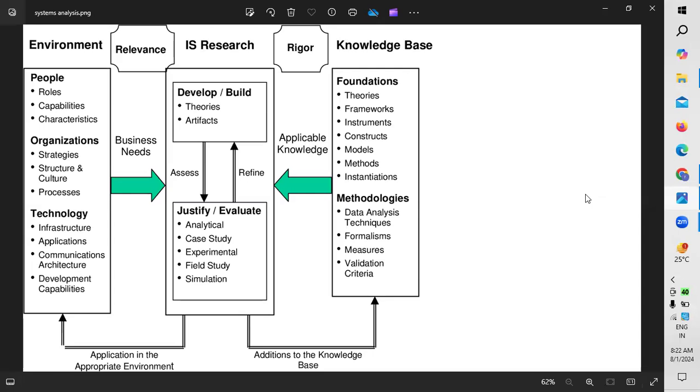So this is a high level understanding that, being a systems analyst, one must be good and familiar with. If you want to become a systems analyst or business systems analyst, this is essentially required, to have a detailed understanding over the environment, the information systems research, the knowledge base. All these things you must be good with.